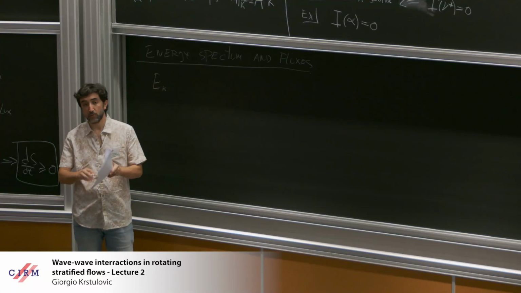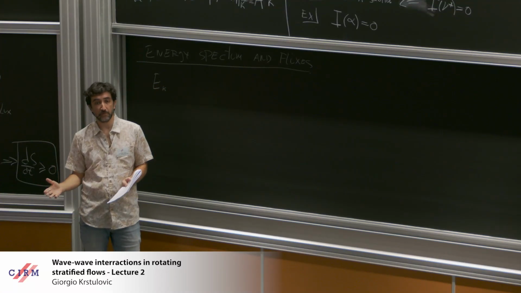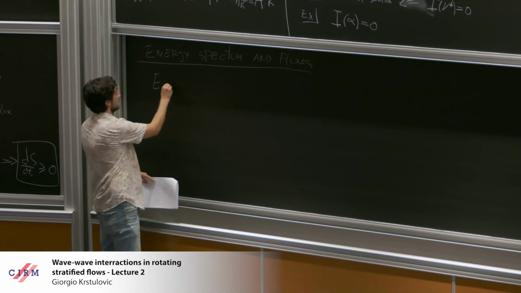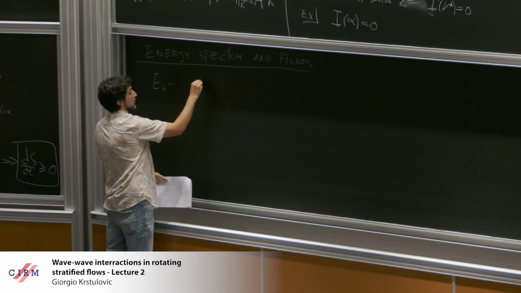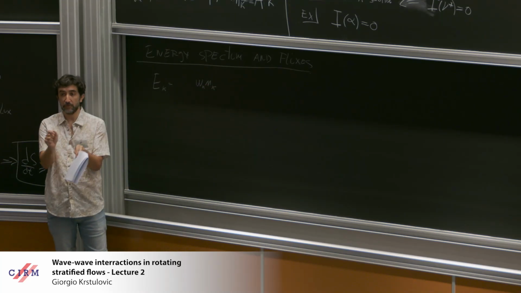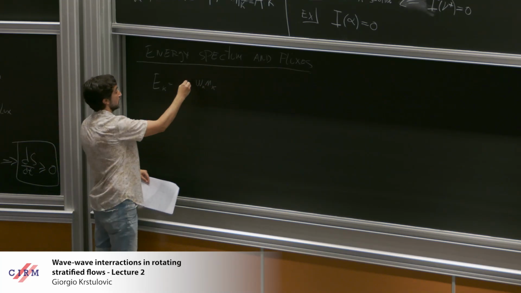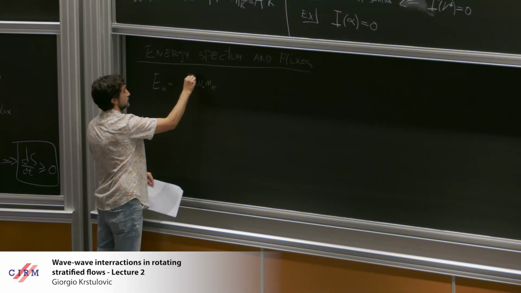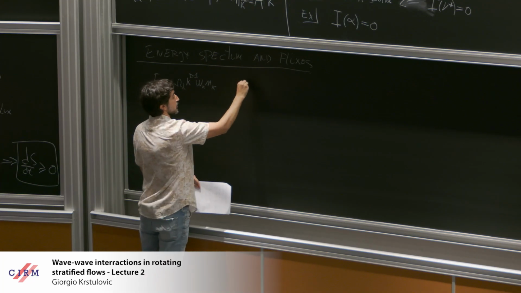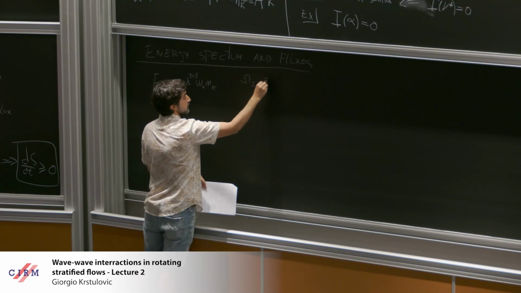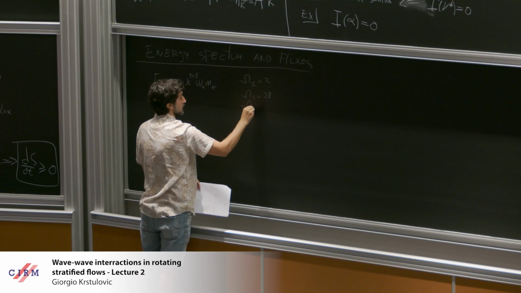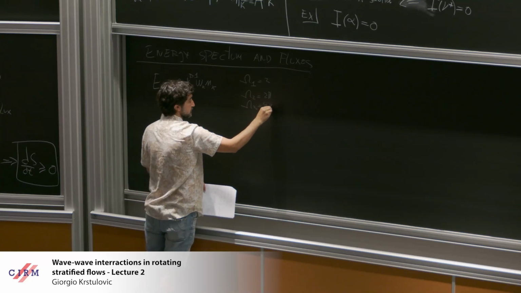This is what we call the one-dimensional energy spectrum. It's the energy that we integrate in a full shell. So the energy is omega k, the energy contained for one given wave vector, and you have to integrate over the sphere. And here you have the element of area. So omega in dimension 1 is just 2, omega in dimension 2 is 2 pi, omega 3 is 4 pi, and so on.